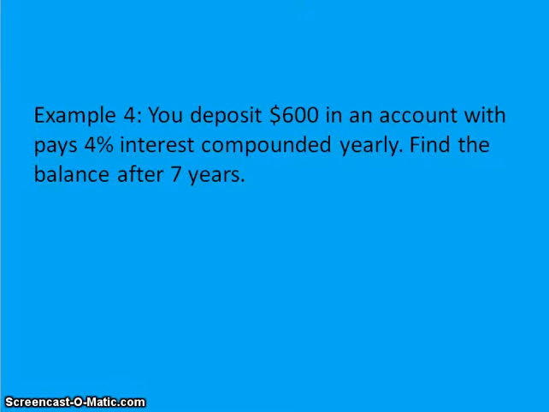With the next example, we're putting $600 in an account that pays 4% interest compounded yearly. So y equals our initial amount, which is 600, and then it pays 4% interest, so the growth rate is 4%, so the growth factor would be 1.04 to the x. And again, in this case, the balance after 7 years, so x is going to be 7.